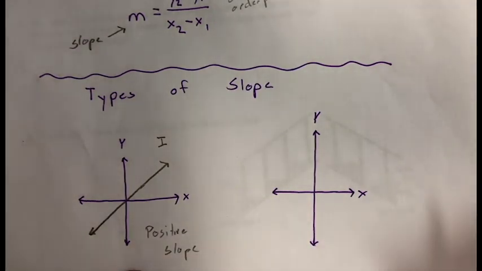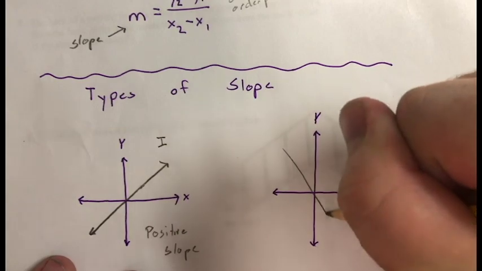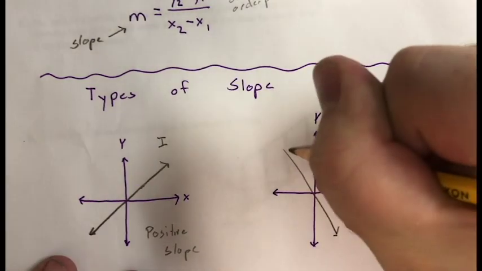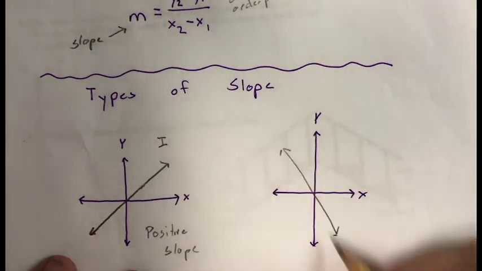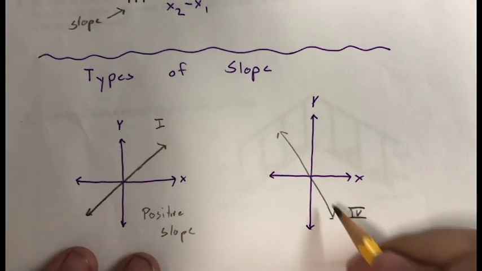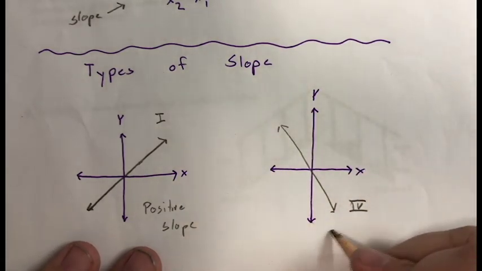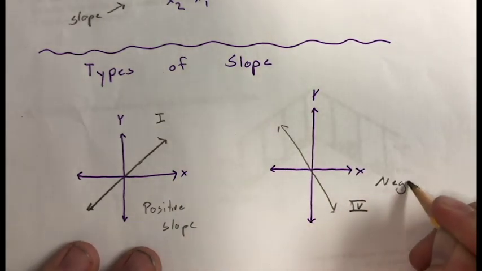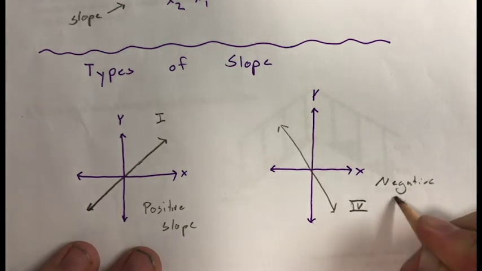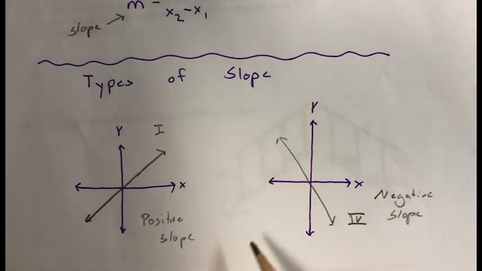The next one might look something like this. Notice how this one is going down into the fourth quadrant. Well, if you ever see it go into the fourth quadrant like this, you have what's called a negative slope.